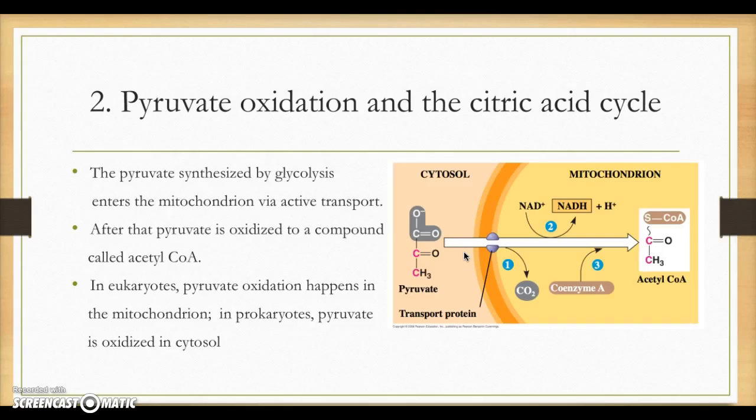And after that, pyruvate is oxidized to a compound called acetyl-CoA. It's a compound here. So in eukaryotes, pyruvate oxidation happens in the mitochondria, and in prokaryotes, pyruvate is oxidized in the cytosol.